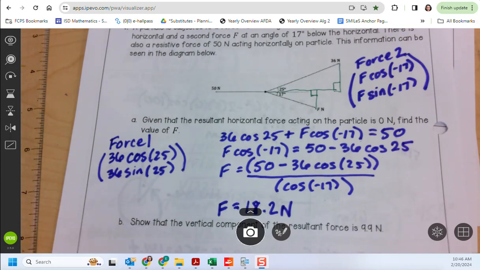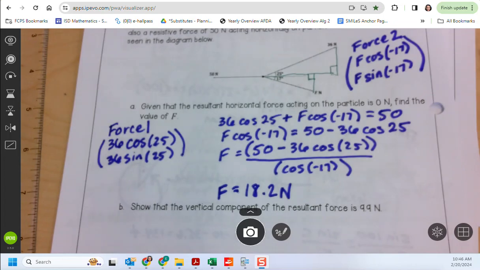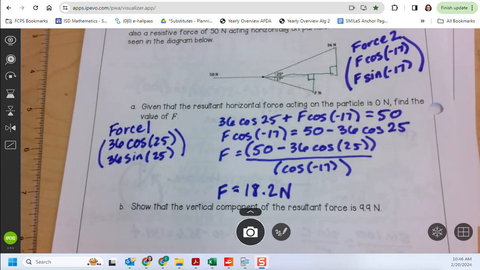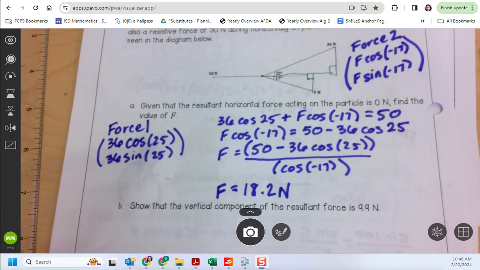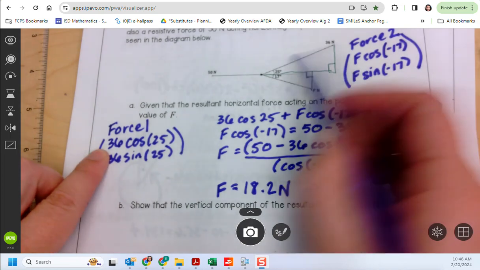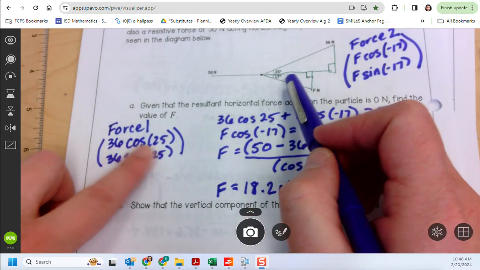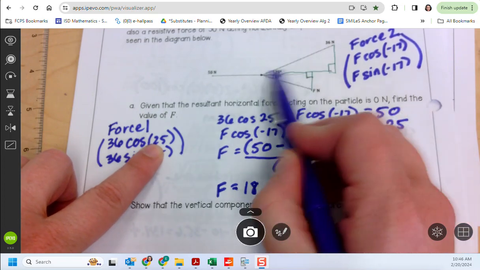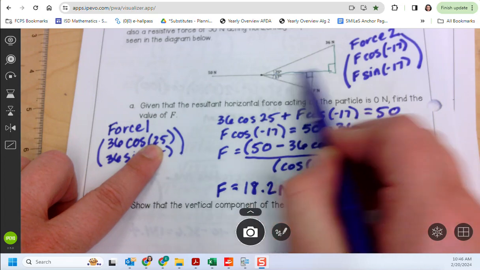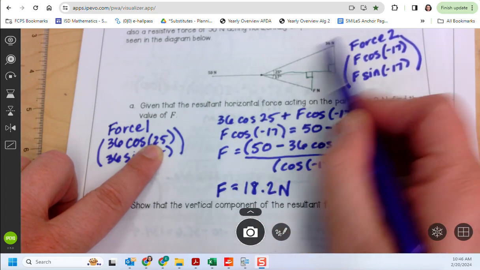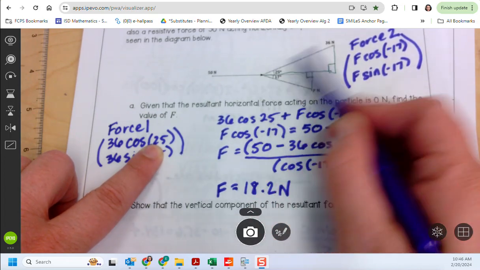Yeah. Okay. All right. Guys, if you don't like writing your vectors this way as 36 cosine 25, you can always find those numbers by doing those cosines. So for force 1, we said 36 cosine 25. I'm just saying that this x part right here, you can find by doing cosine 25 is equal to x over 36. 36 is the hypotenuse.